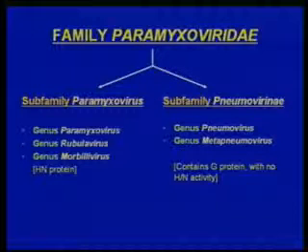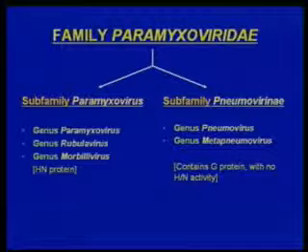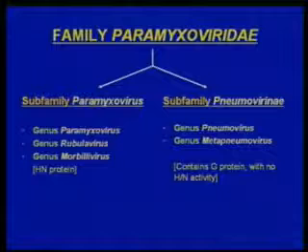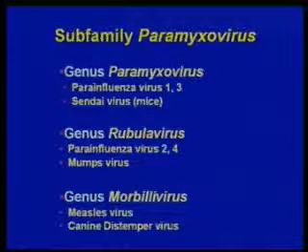Whereas the subfamily pneumovirinae, of which the chief member here is in the genus pneumovirus, the RSV virus, which we're going to talk about in great detail later on, and the newer added genus metapneumovirus, human metapneumovirus, of which is the chief pathogen that we know a lot about now, does not contain the HN activity protein, contains the G protein instead. So a little difference between the two families.